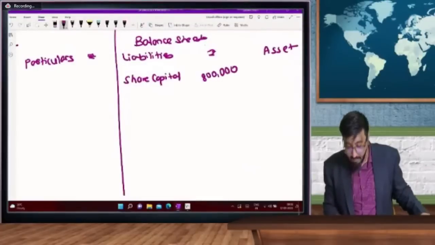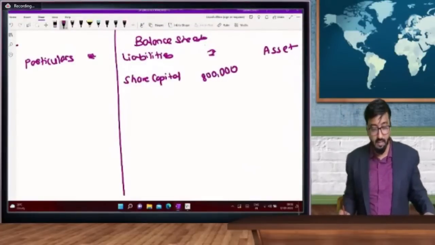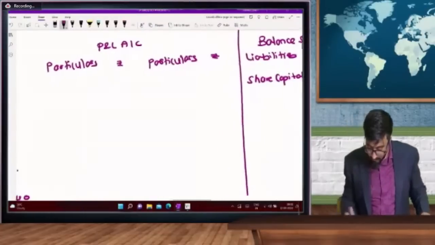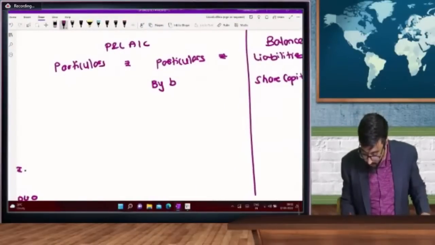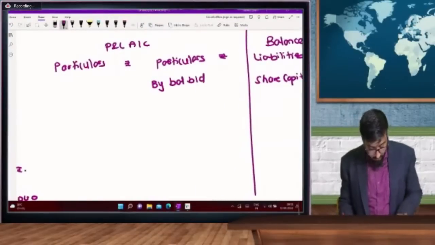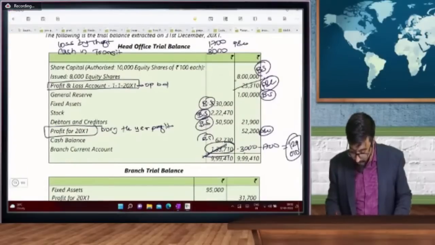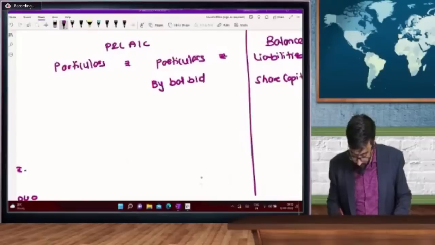In the exam, prepare it in the vertical format. So share capital 8 lakhs. Profit and loss account, by balance brought down, 25,310.